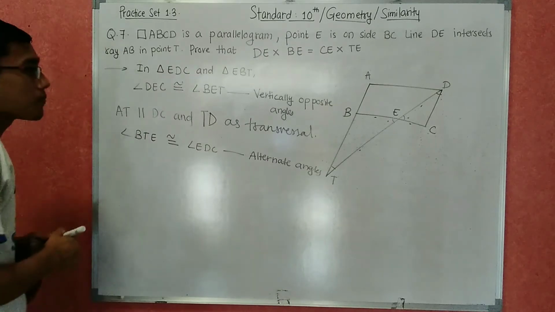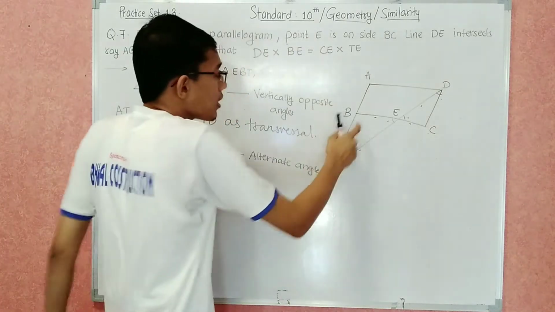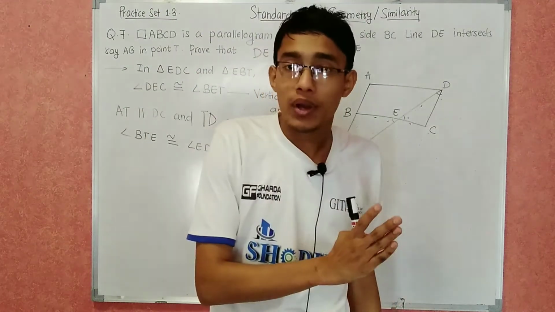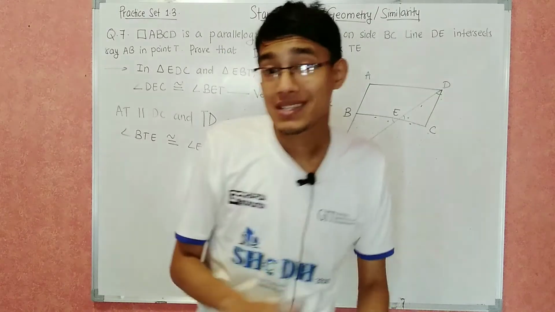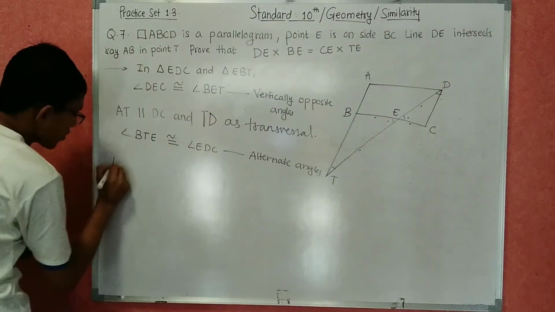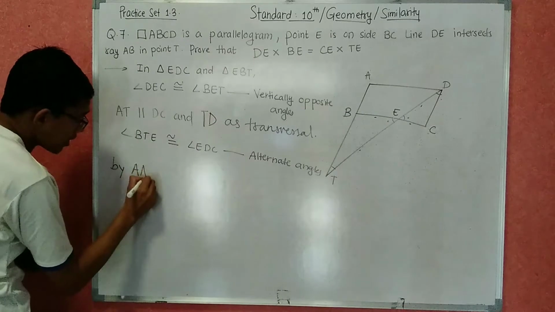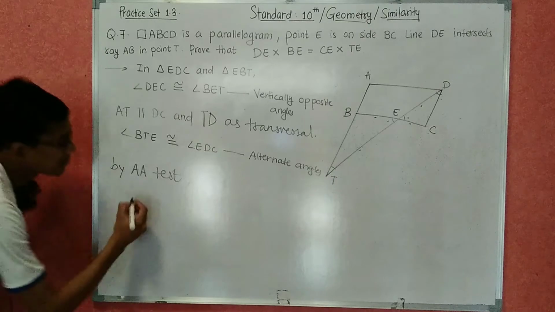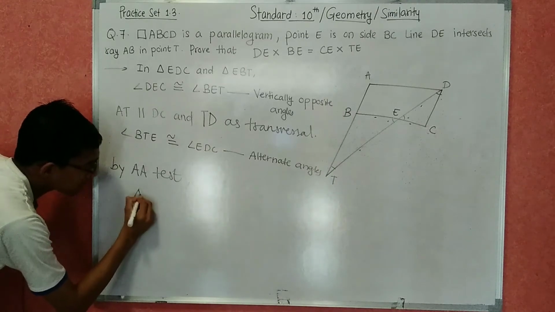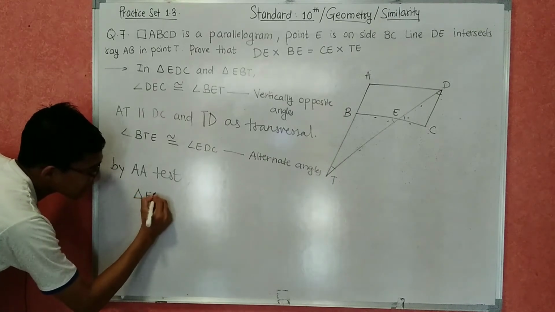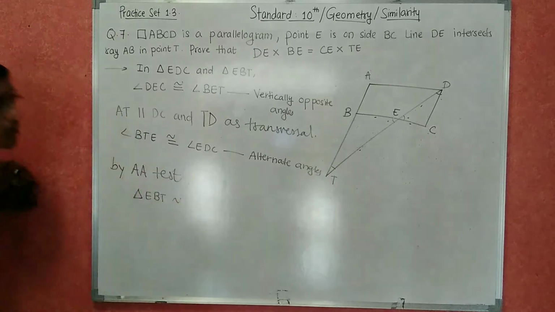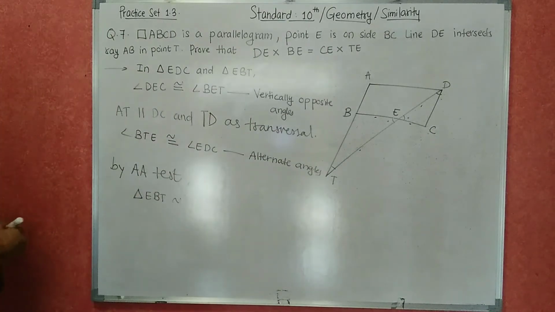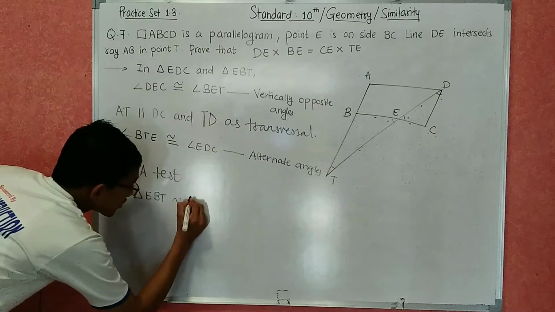Now again in this triangle and in this triangle I have got two pairs of angles congruent. So again by AA test, I can write triangle EBT is similar to triangle ECD.